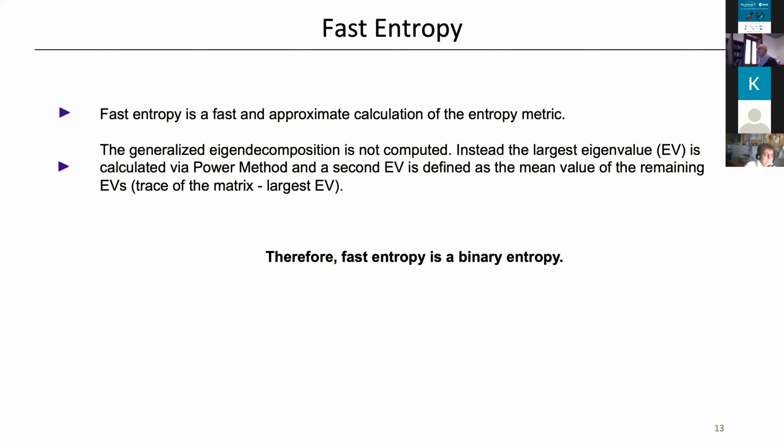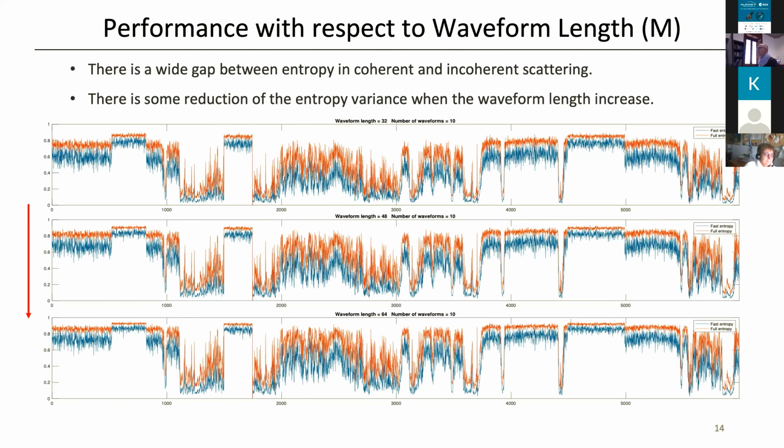So the new entropy that we can calculate in this case is a binary entropy, composed of two eigenvalues. Here we have a comparison between the full entropy and the fast entropy. Fast entropy is represented with blue plots, and the full entropy with red plots.